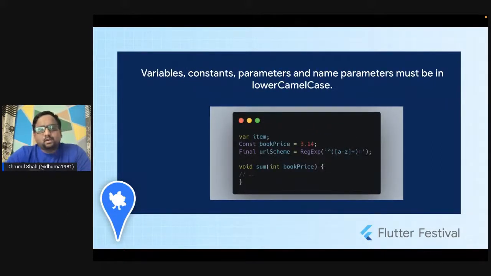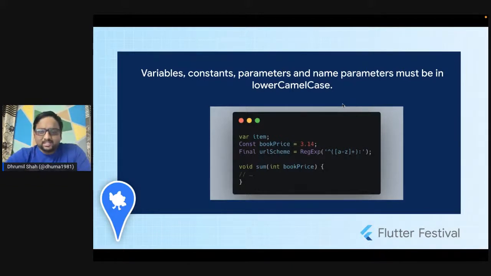The third and most important is the variable names, constants, parameters, and named parameters. These should all be in lower camel case. As you can see, there is one word called bookPrice. Here, book starts with a small b and P is capital, which is lower camel case.